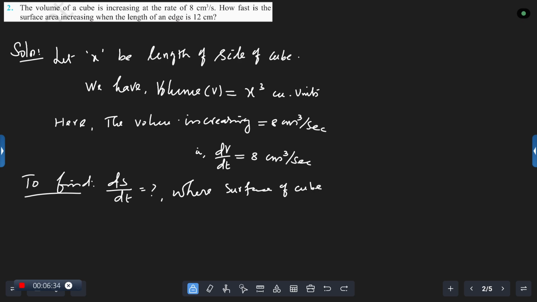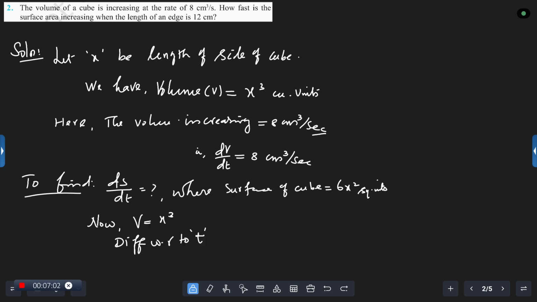The formula is S equals 6x square, square units. Are you okay? Now here, V equals x cube. Differentiate with respect to t.